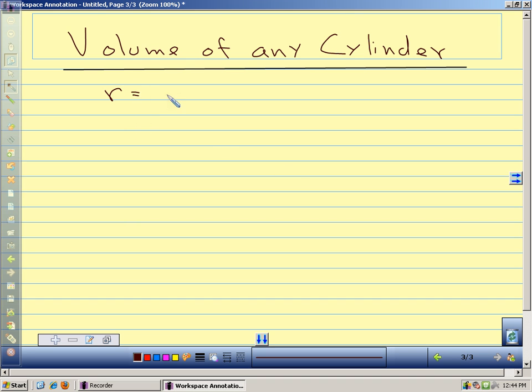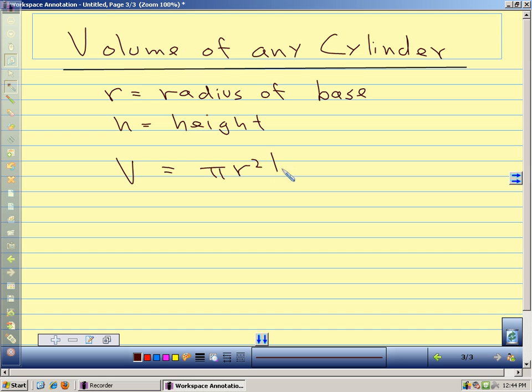So R is the radius of the base, and H is the height. Our volume is pi r squared times h, and we have units cubed.